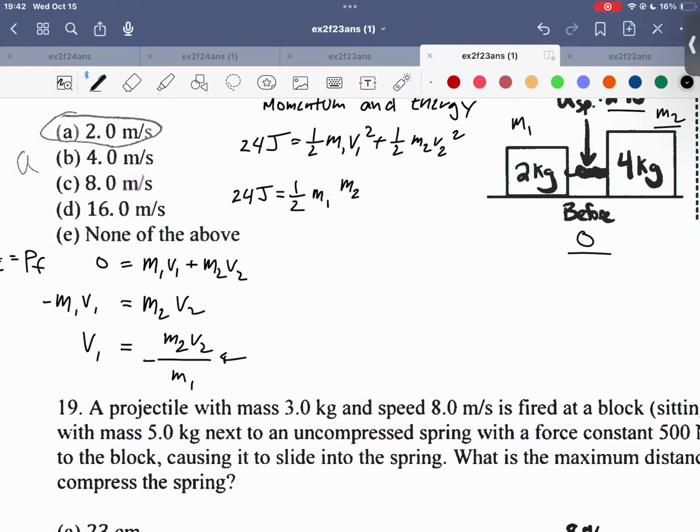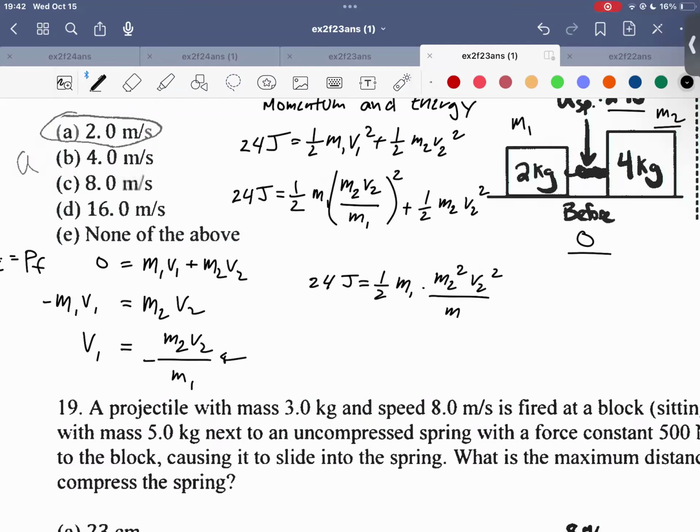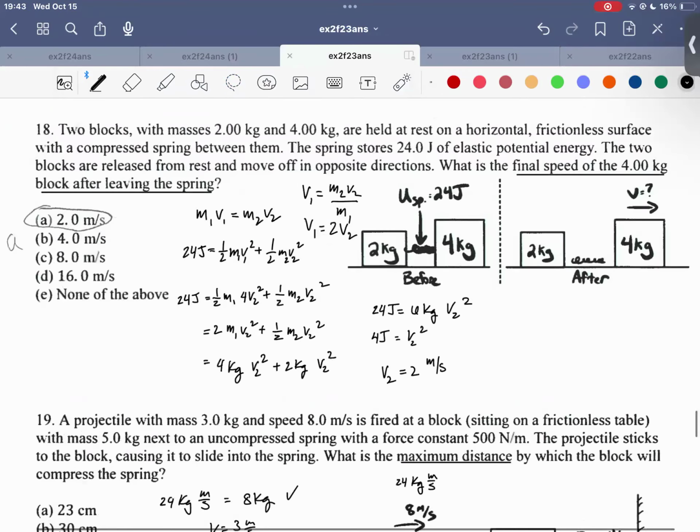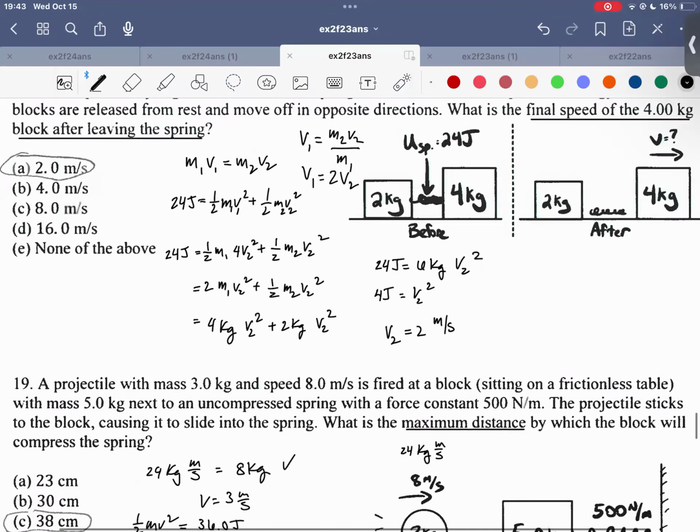And so, okay, and then we can simplify and we say this. Let's check that I'm doing that right.